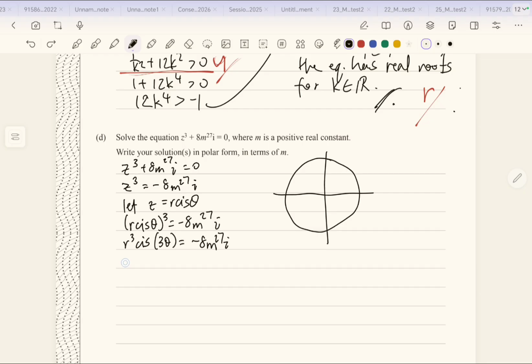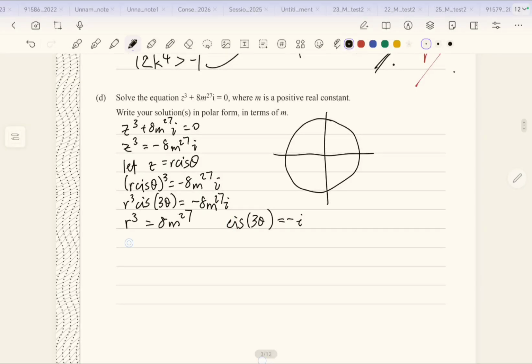So hence we say r cubed equals 8m to the 27, and cis 3 theta equals negative i. Because r is our radius, it cannot be complex and it cannot be negative. So therefore we take all the non-complex, non-negative numbers for r cubed, and the rest, the complex and the negative, goes to the cis.